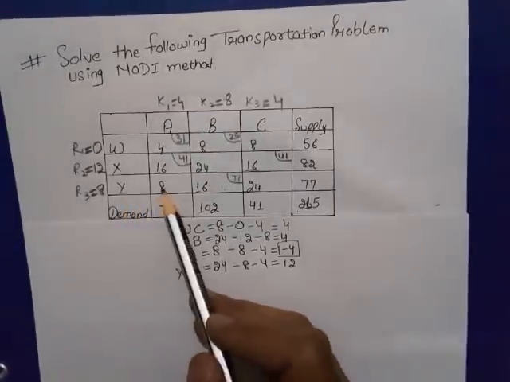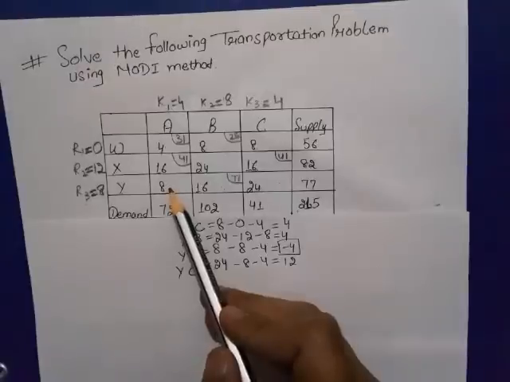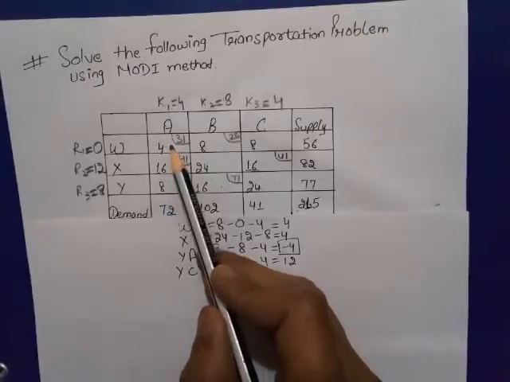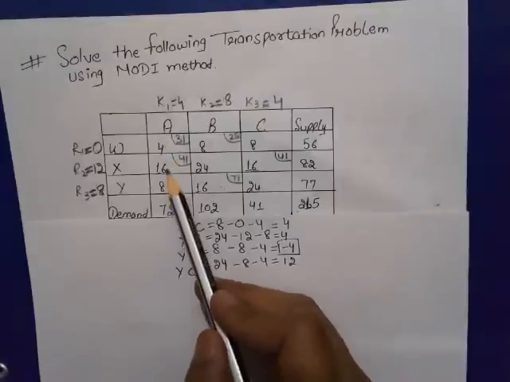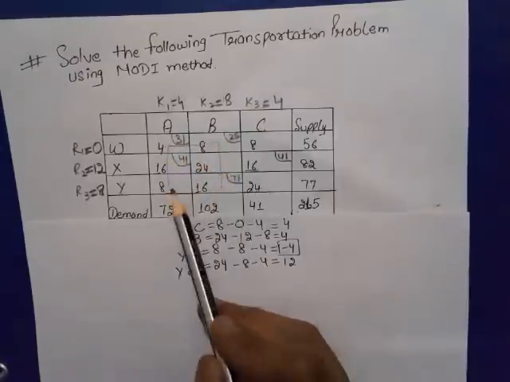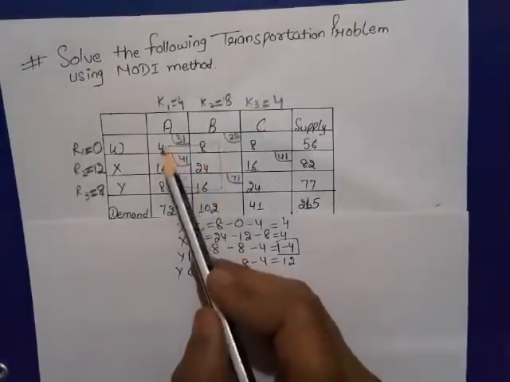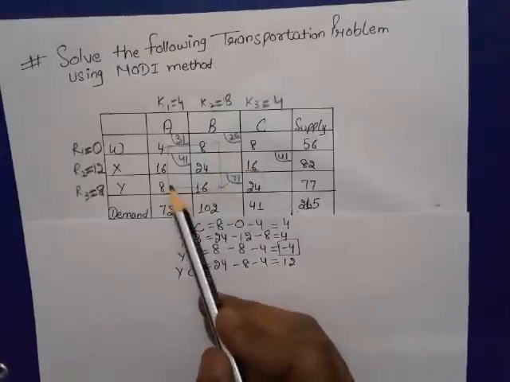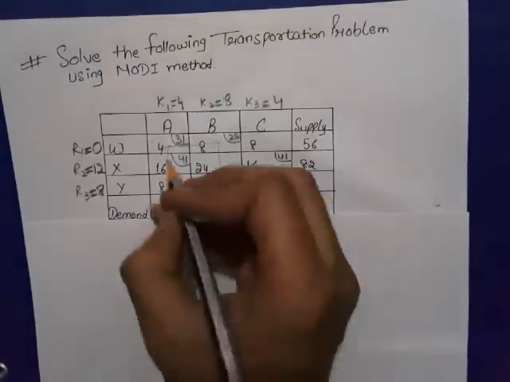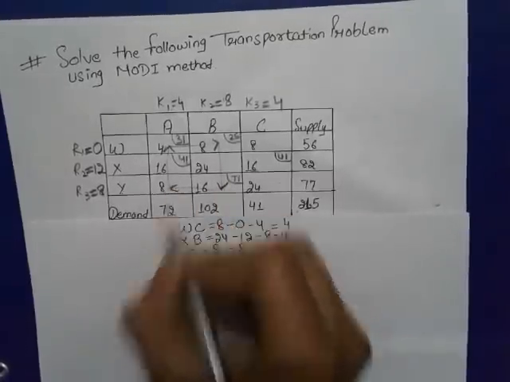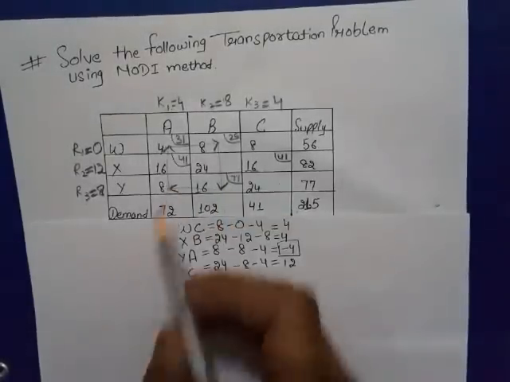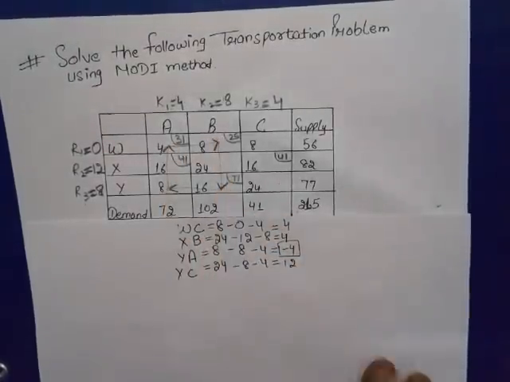So the loop for YA is 8, 4, 8, 16. In this way we are going to make our loop. So we have to select these cells to make the changes.